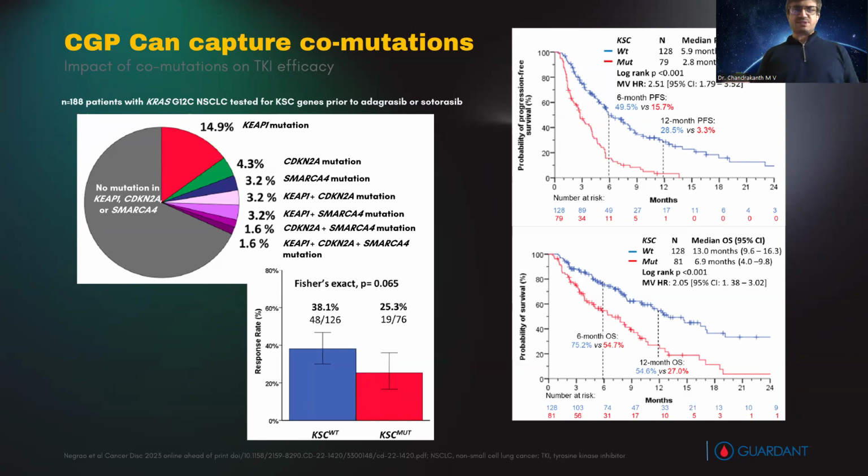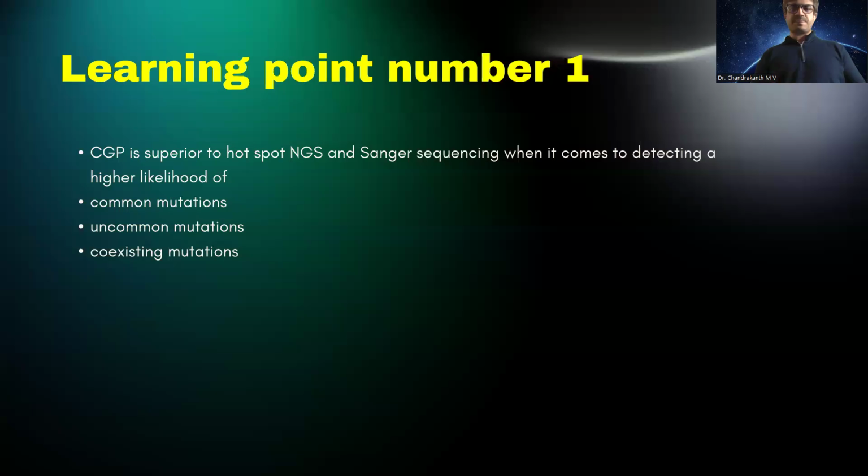In these patients, if I have KSC genes mutated, for example, KEAP1, SMARCA4 and CDKN2A, if these three are mutated, they do poorly. The upper graph says, if all three are wild type, KRAS does better. If they are mutated, it does poorly. Therefore, knowing a concomitant mutation is important.